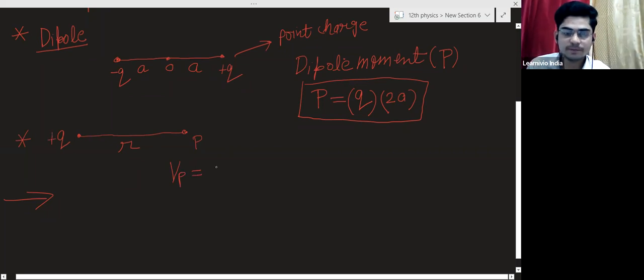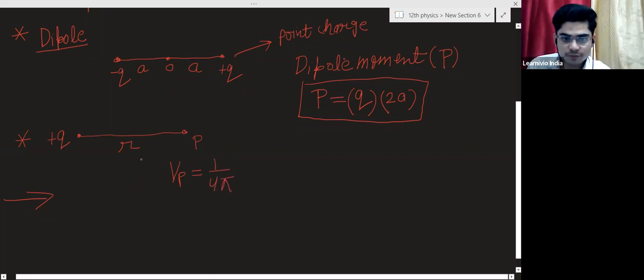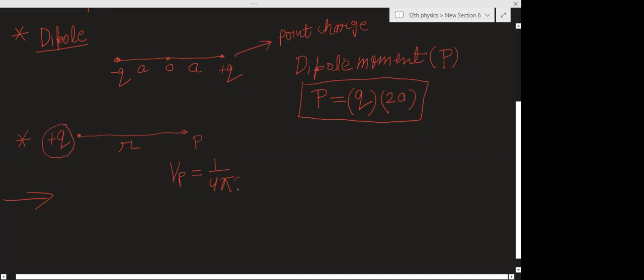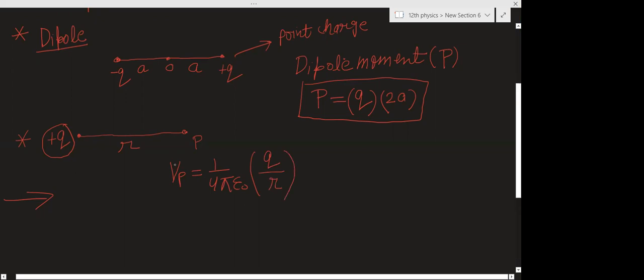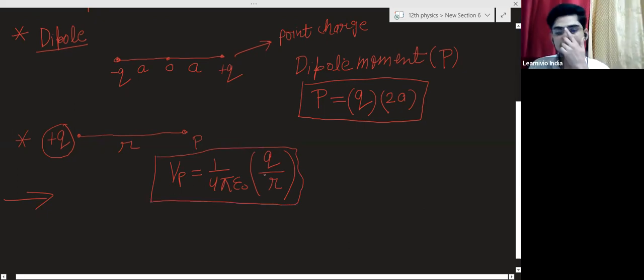The electric potential at point P, at a distance R from charge Q, will be 1 upon 4 pi epsilon 0, Q divided by R. It is not R square; that is in the case of electric field or force.